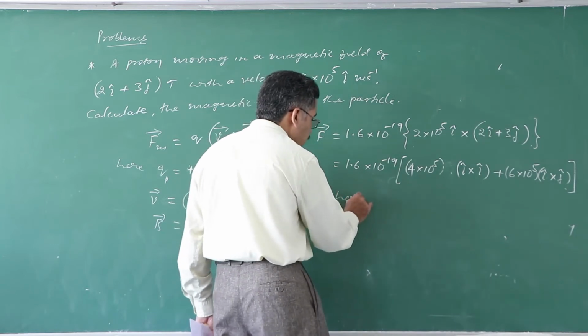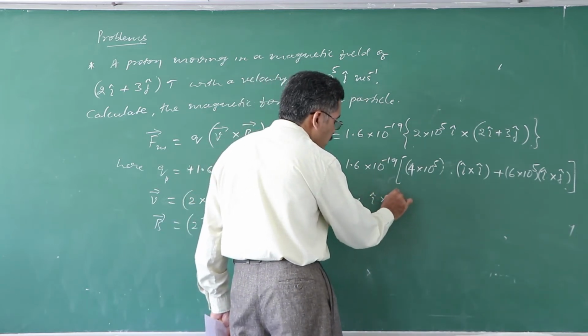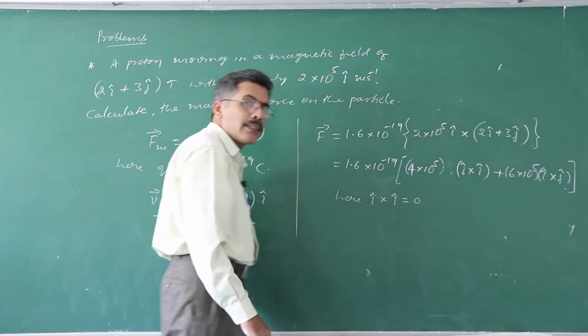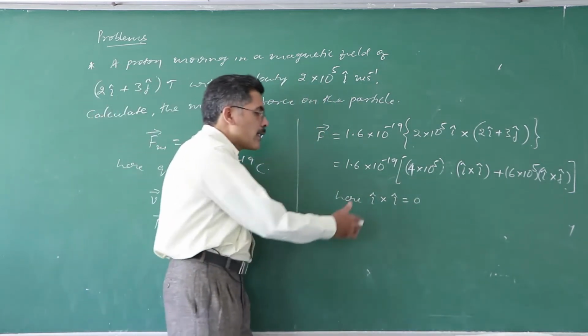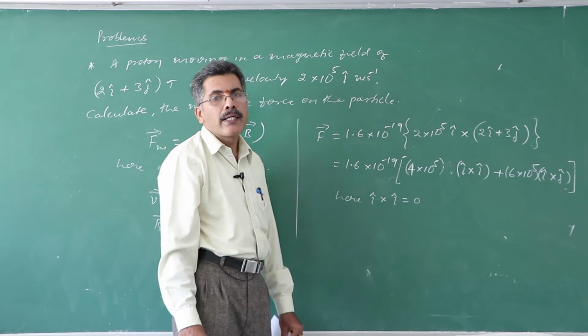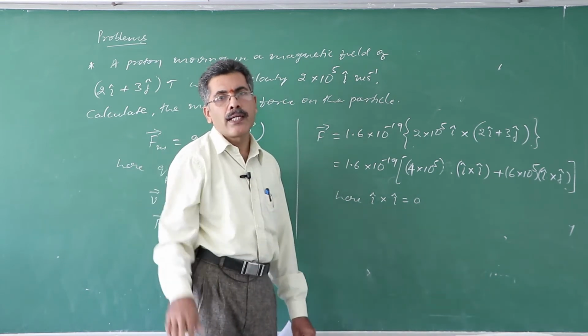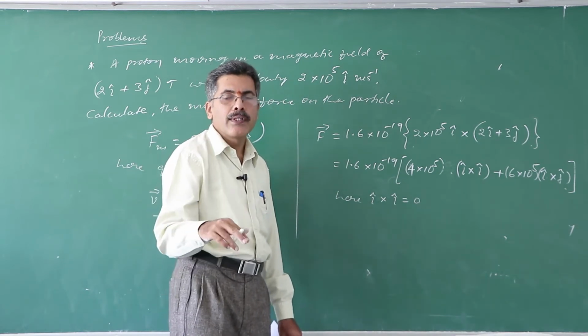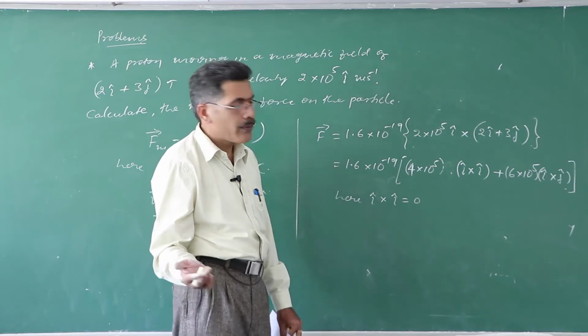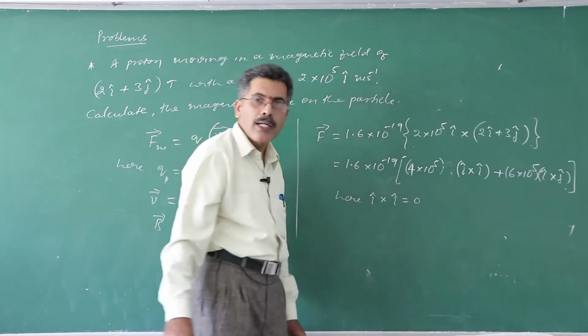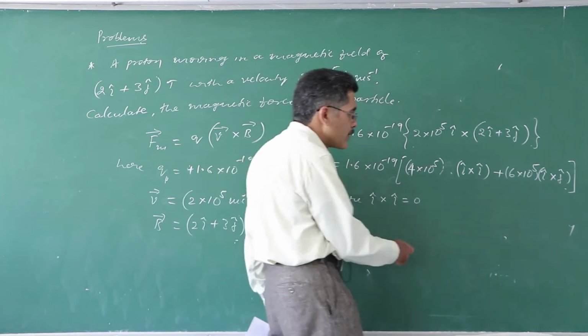See here, î × î is equal to 0 because the vectors are parallel. In a cross product you know that A × B is equal to AB sin θ. If θ is 0, the cross product is also 0. Therefore these two vectors are parallel to each other, so their cross product is 0.